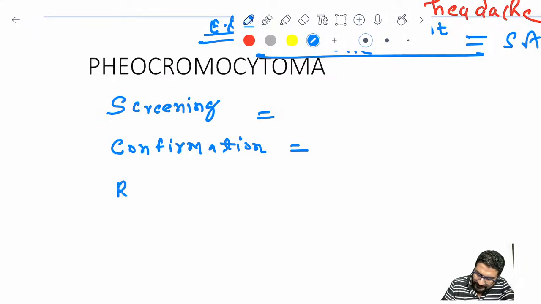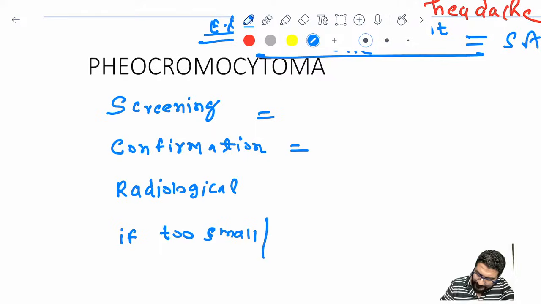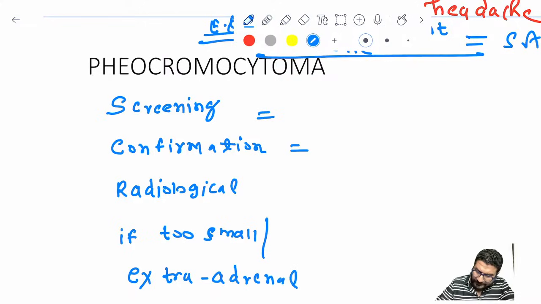Then what is the radiological test we do? And what do we do if it is too small or if it is extra-adrenal? Now understand, first, for screening the best test will be urinary metanephrines.